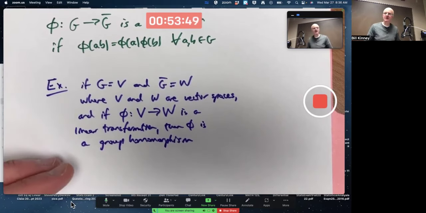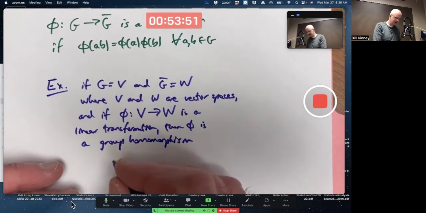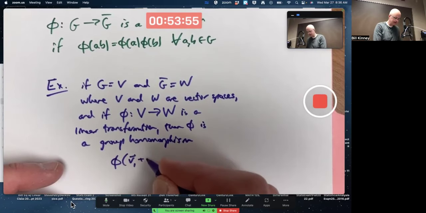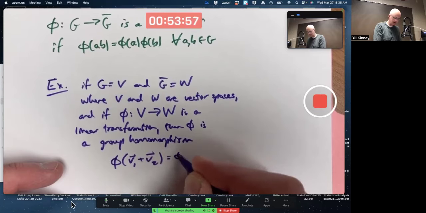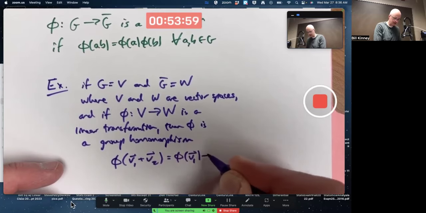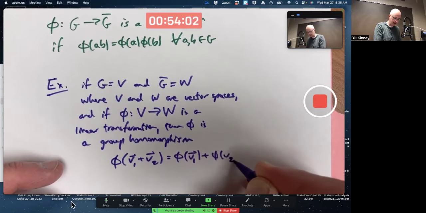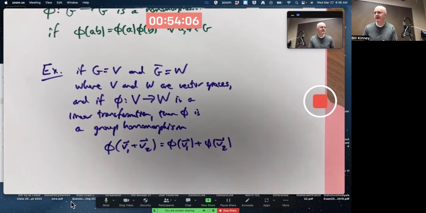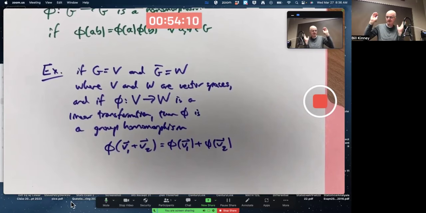And a linear transformation does satisfy, let's write it this way, this kind of property. With addition being the operation, this is operation preserving. Linear transformations also preserve scalar multiplication, but we don't have to think about that here. This is good enough.